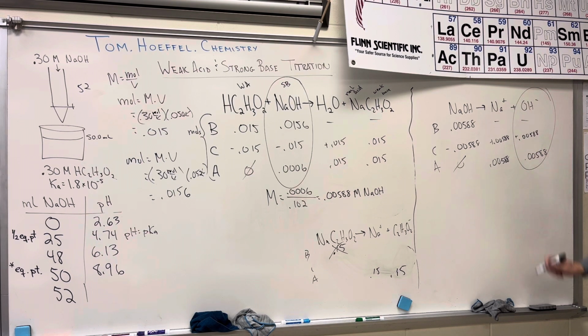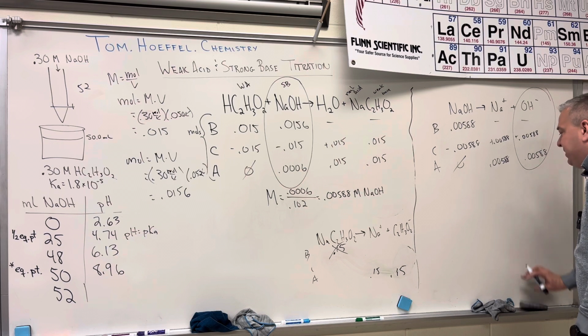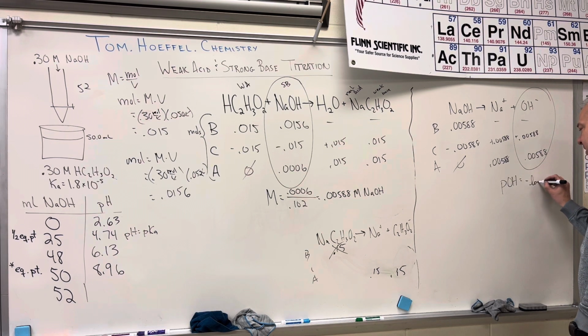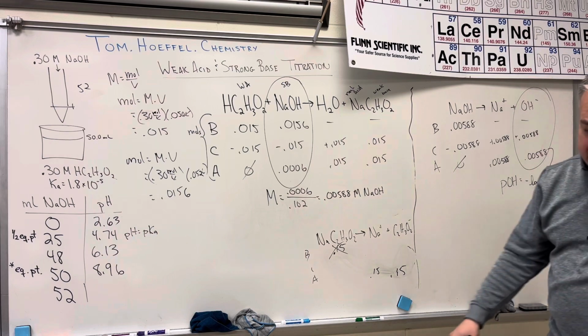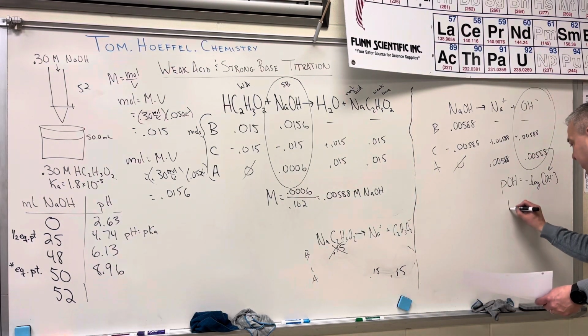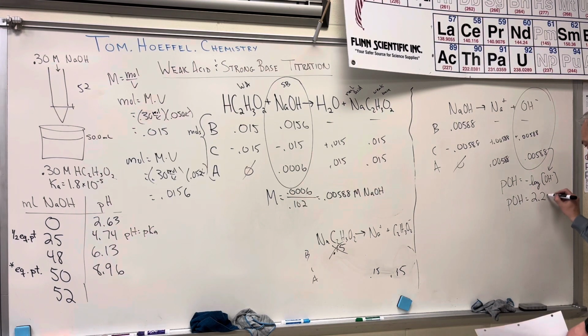If I have the molarity of hydroxide ions, I could take the negative log of that, and that will tell me the pOH, because the pOH is the negative log of the concentration of hydroxide ions. So if I plug that in here, I will figure out that the pOH is equal to 2.23.